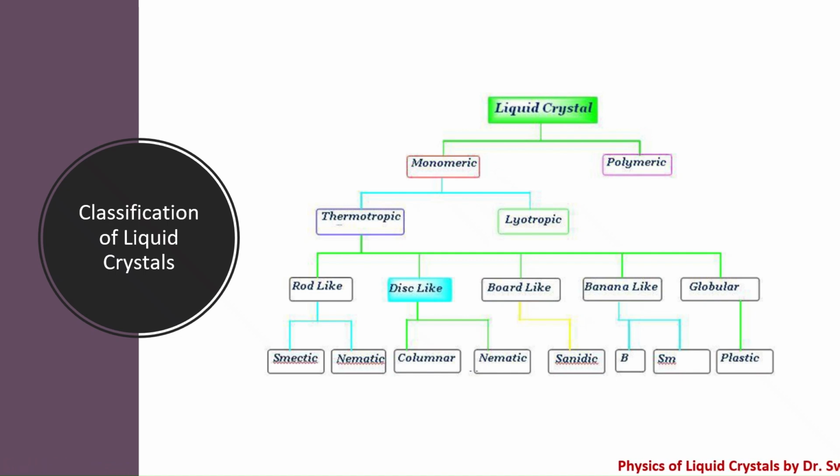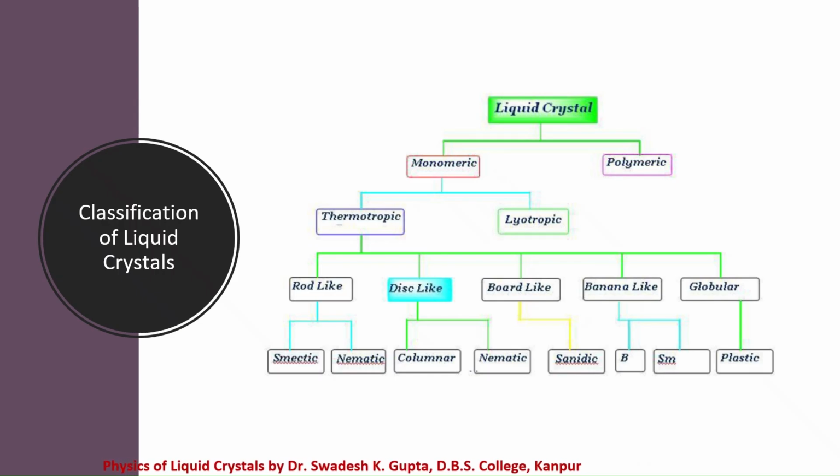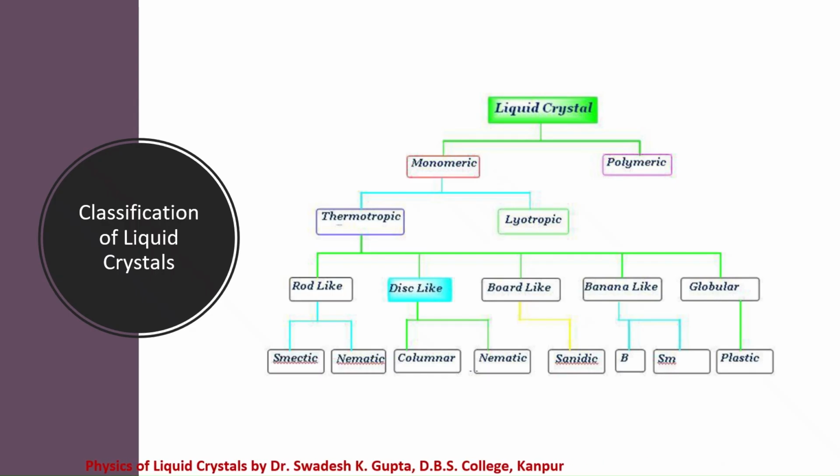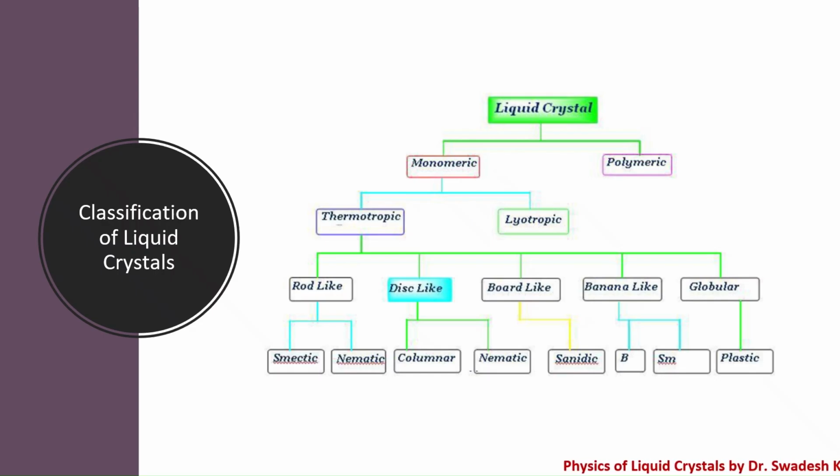These liquid crystals can be thermotropic or lyotropic. These thermotropic liquid crystals can be classified into different liquid crystals depending upon the structure of the molecules, like rod like, disc like, board like, banana like, and others.